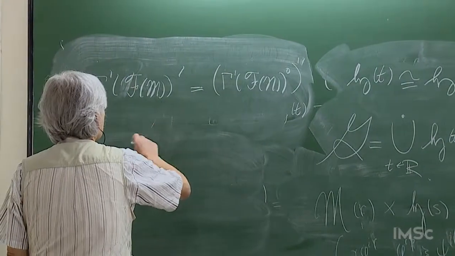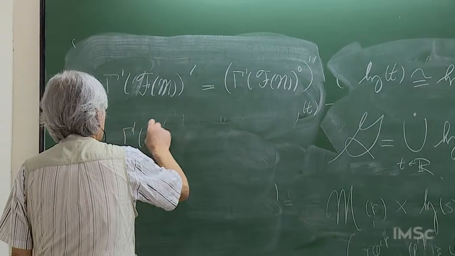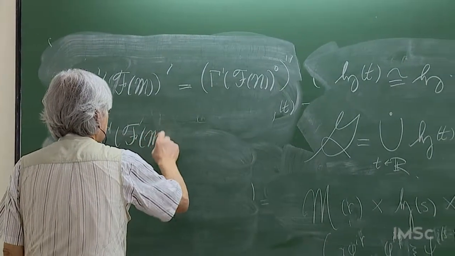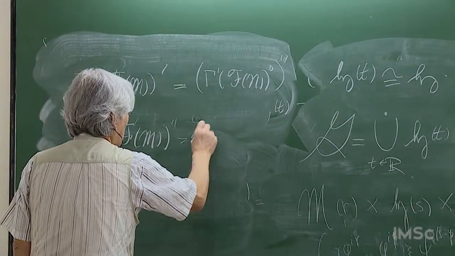So gamma 1 of F of M double prime is M tilde.